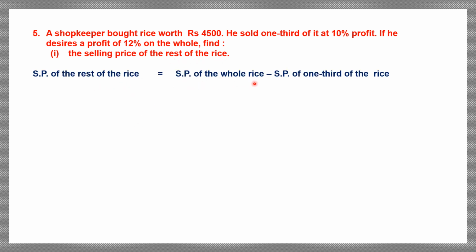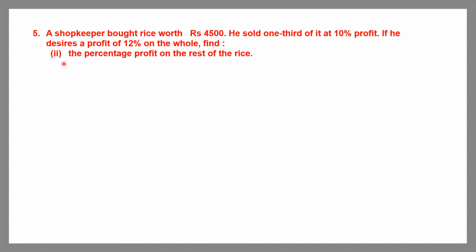So selling price of the whole rice, that is 5,040 rupees, minus selling price of one third of the rice, which is 1,650 rupees. We found this out, isn't it? Now let's subtract these two. And that is 3,390 rupees. So we have found the selling price of the remaining rice, and this is our answer.